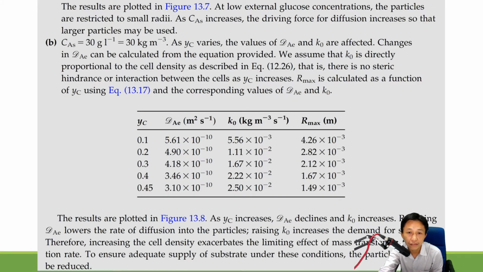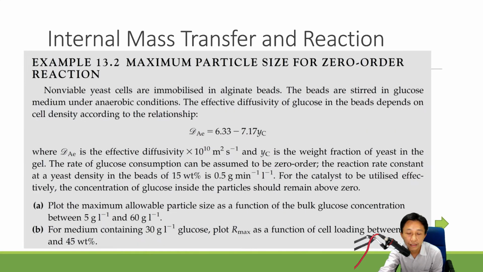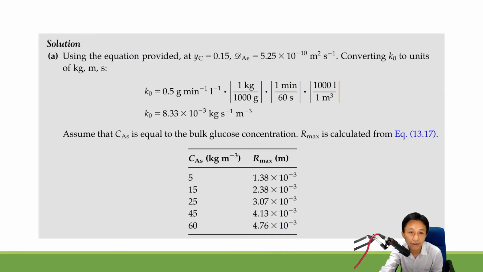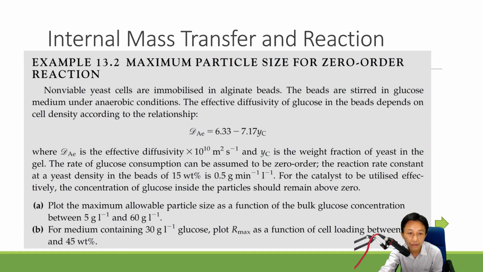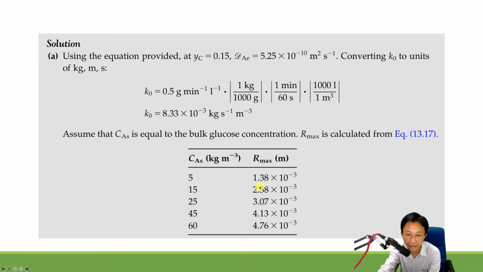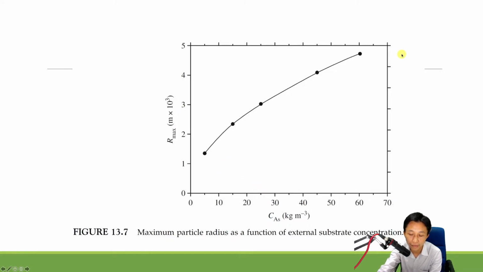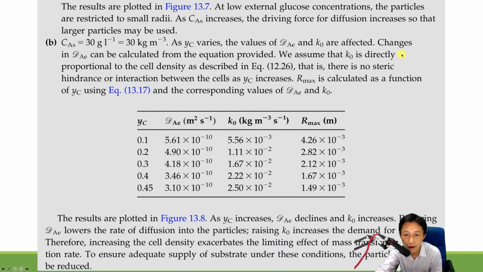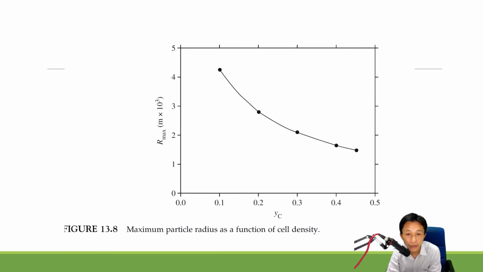But if you increase your glucose concentration, your Rmax is increased as well, like this one. But on the other hand, if you increase your yeast concentration, your Rmax is decreased.